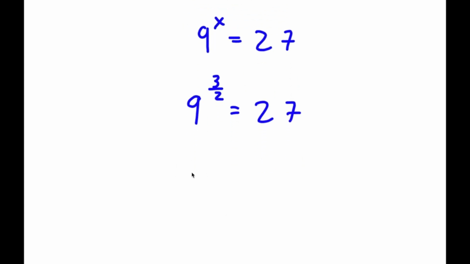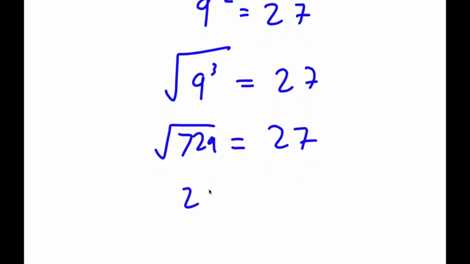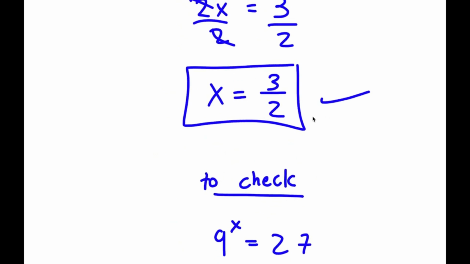Now 9 to the power of 3 over 2 is the same thing as the square root of 9 to the power of 3. Now 9 to the power of 3: 9 times 9 is 81, and 81 times 9 is 729. So I have the square root of 729, and the square root of 729 is 27. So I have 27 is equal to 27. And because this is right, my solution is right.